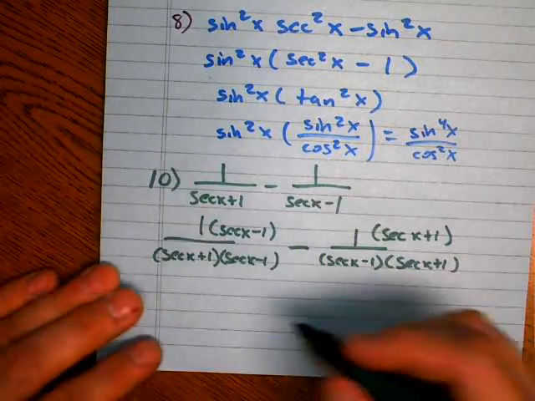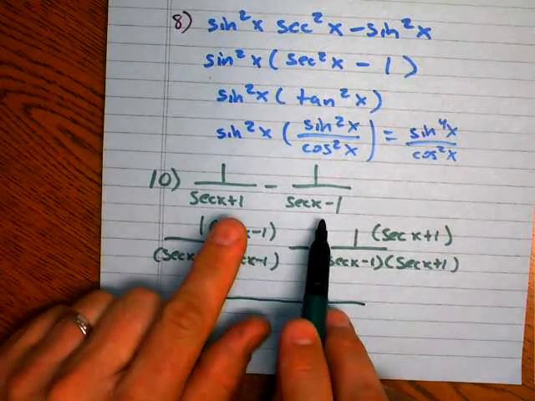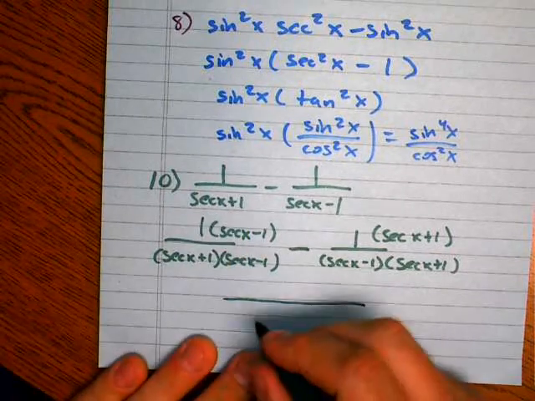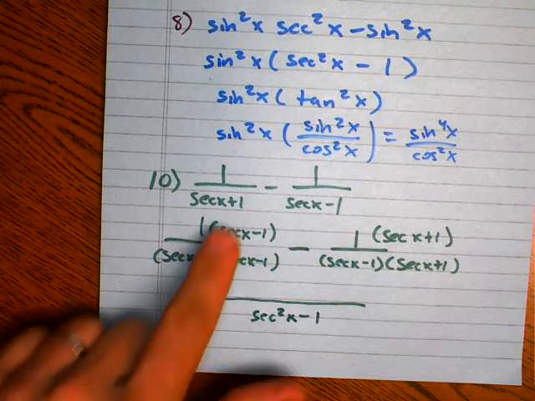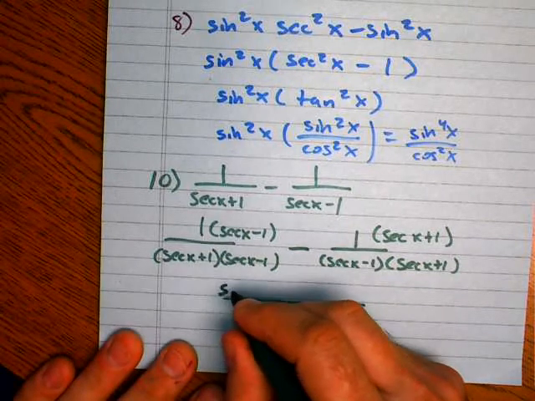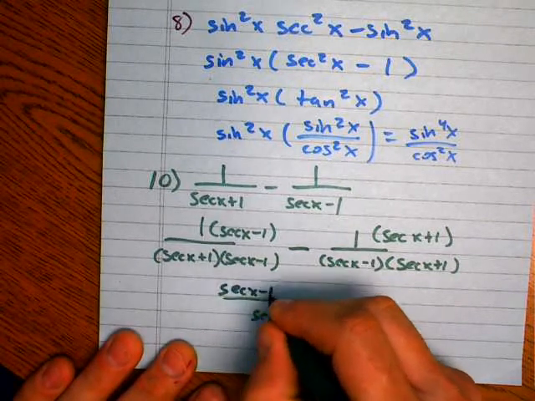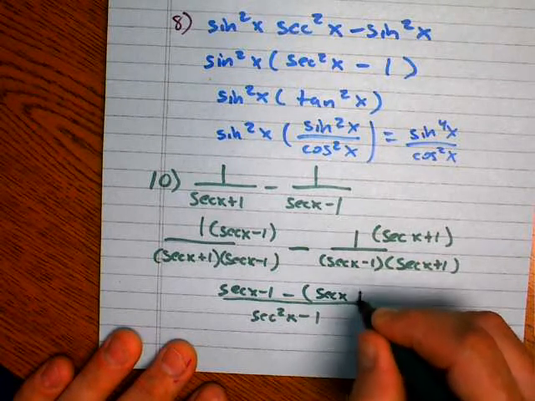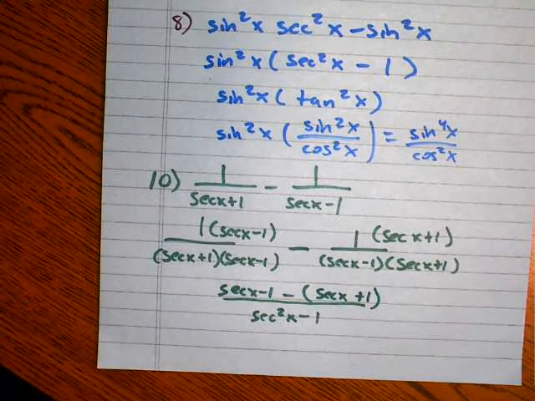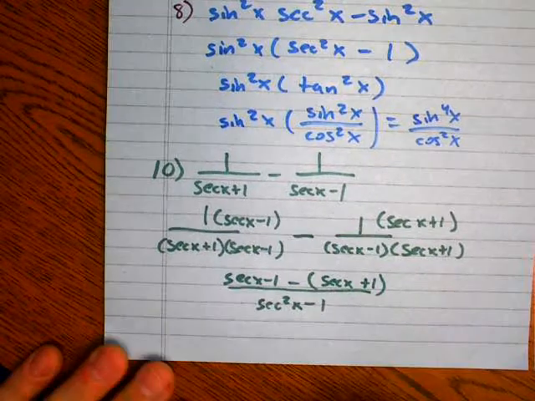I would have skipped this step and gone right to the next step. I'd recognize these are conjugates. I know when I multiply them together I get secant squared x minus 1. And on the top I would get secant x minus 1 minus parentheses the secant x plus 1. Okay? The rest is just simplification.